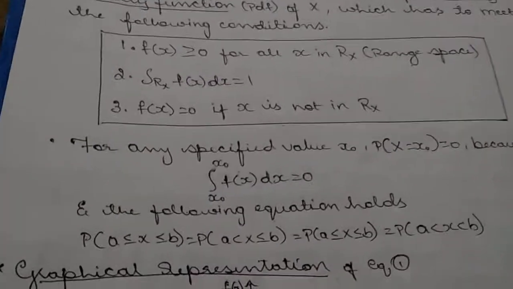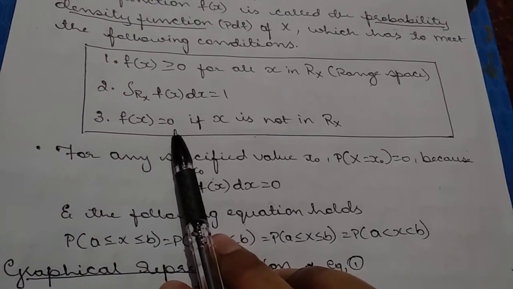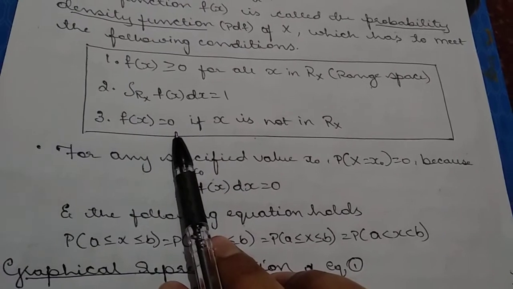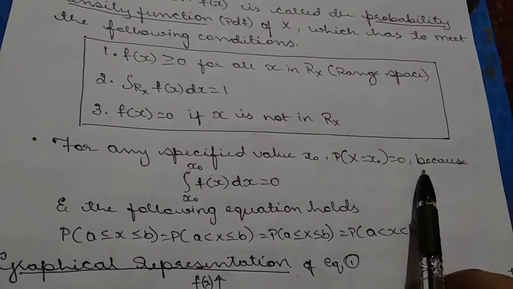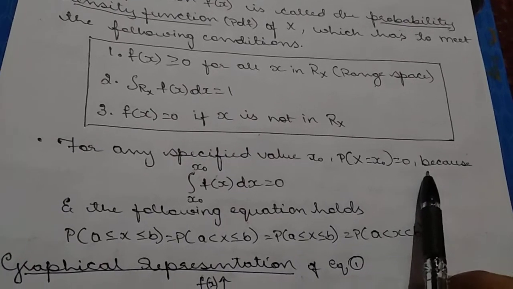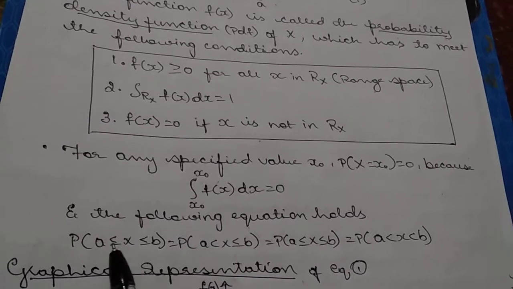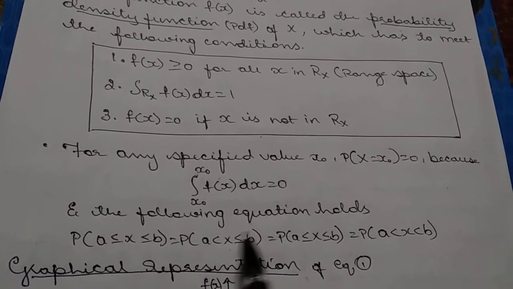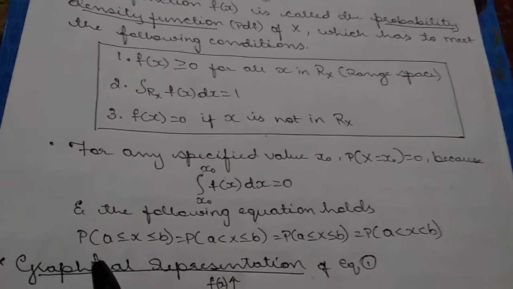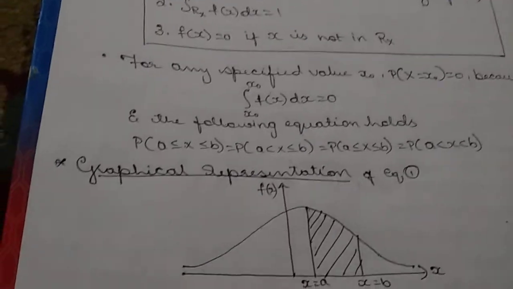Okay, for any specified value x naught, if you have not specified the range, then p of x equal to x naught is equal to 0. And in the following equation, it need not always be p of x less than or equal to; it can be any of these forms. All these forms are acceptable. I'll just show you the graphical representation of this equation.